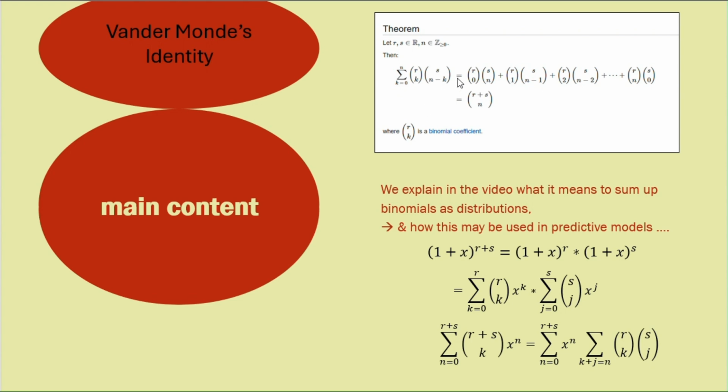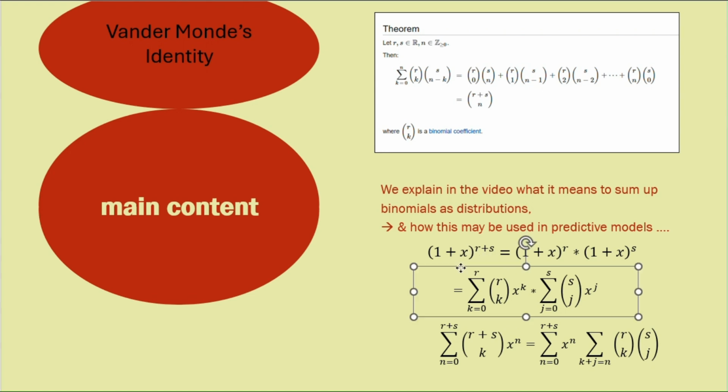So what that really looks like is you have these coefficients of r and s, where the indices for r go from 0 to n, and for s go from n to 0. And this actually sums out to be just the coefficient r plus s evaluated at n.